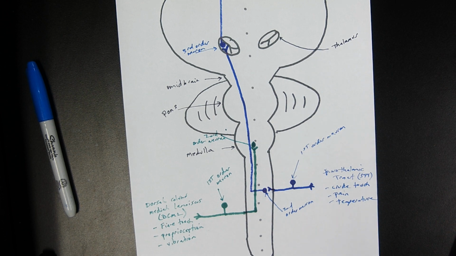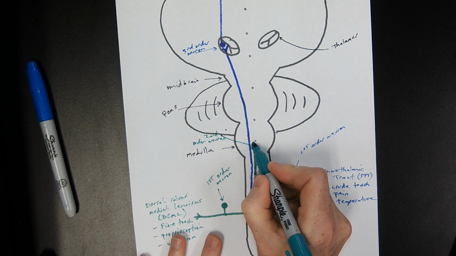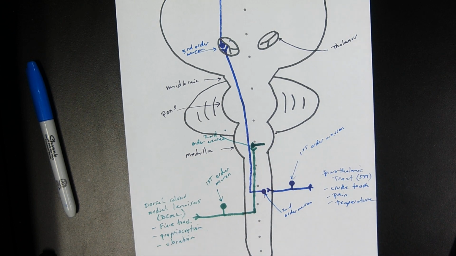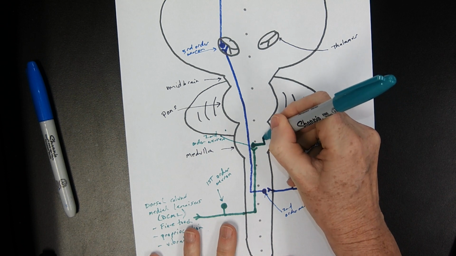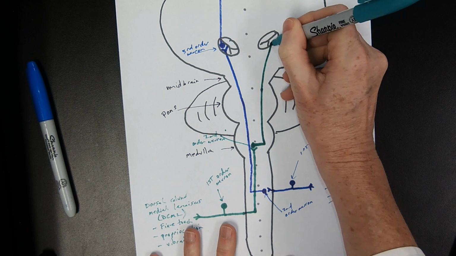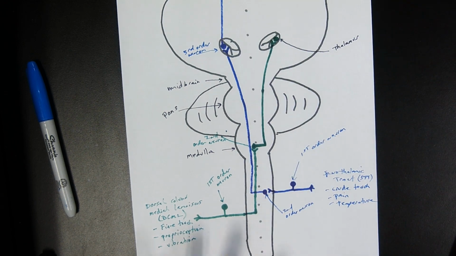Okay, your second order neuron in the medulla. At that point, it's here, and then it crosses over, decussates to the other side. Second order neuron always crosses over, and then it travels up through a special tract. Second order neuron goes all the way up to the level of the thalamus. It synapses with your third order neuron.